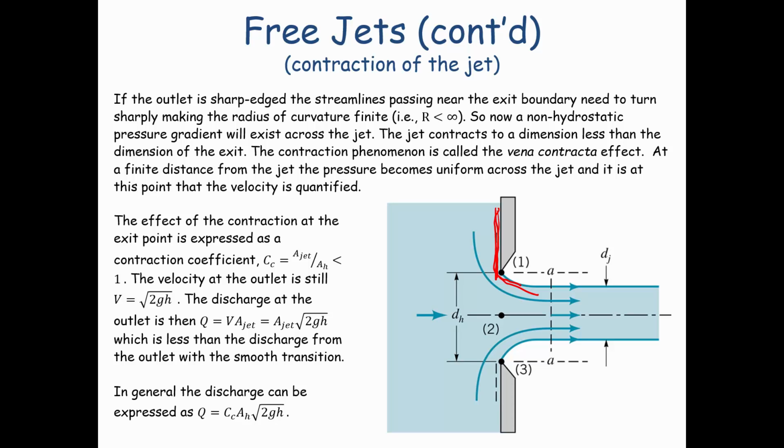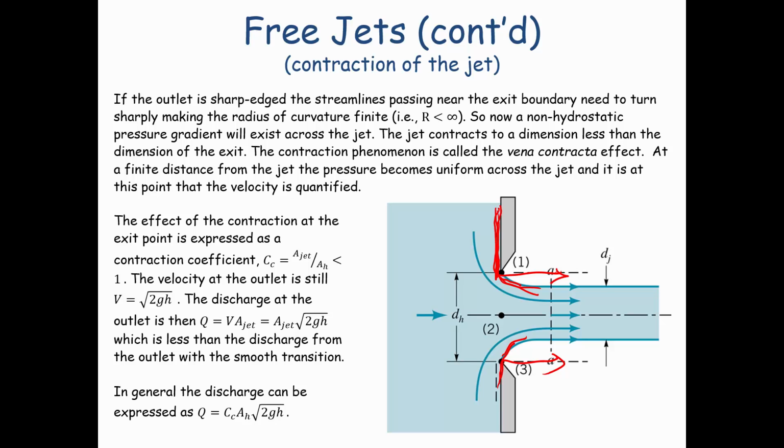It's not possible for this streamline, for instance, to pass down and just come straight out like this, or this one here to come straight out like that. Instead, there's some acceleration that goes on, and the jet does curve, the surface does curve there, the streamline does curve, but it's not a right angle.